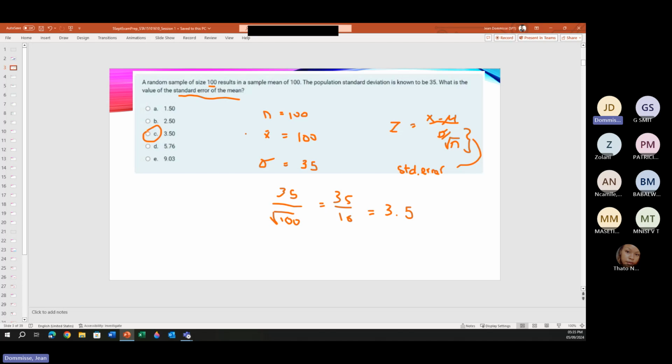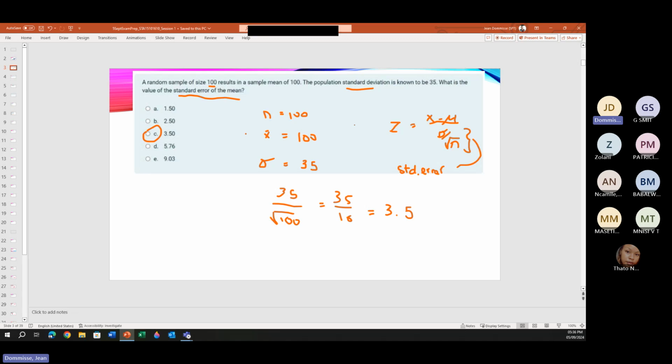The only thing that you can work out with that is the standard error, else you would need more information. But basically, standard error is the population standard deviation divided by the square root of the sample size. Okay, so that's the first one that we look at.